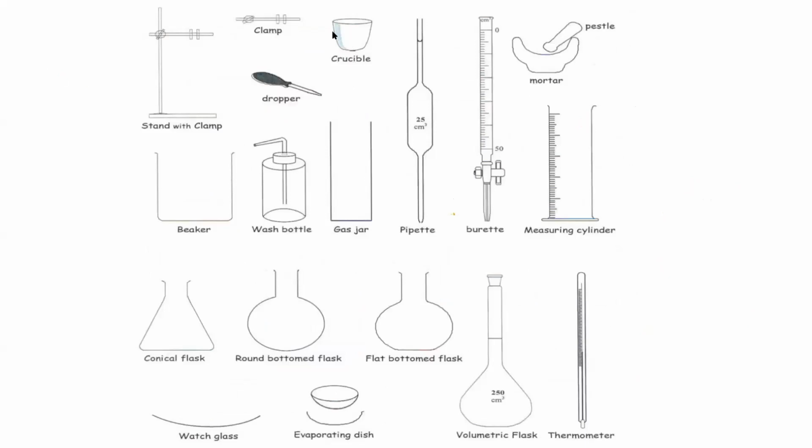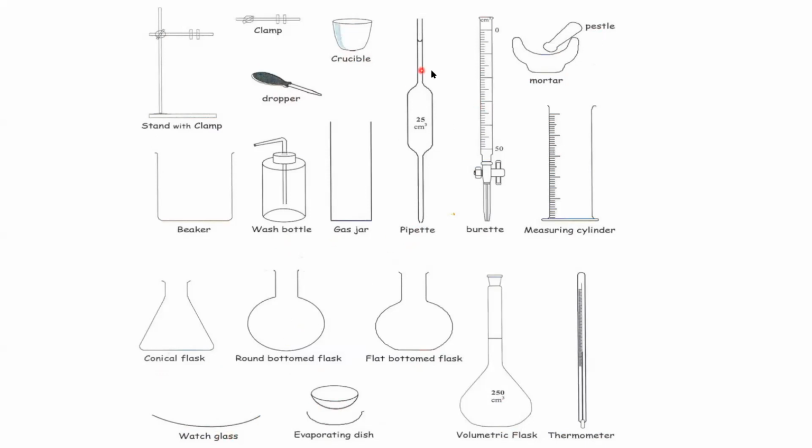So again, different types of apparatus. So stand with a clamp, dropper, crucible, a pipette, a burette, measuring cylinder, mortar, pestle, gas jar, wash bottle, conical flask, round bottom flask, flat bottom flask, volumetric flask, thermometer, evaporating dish, as well as watch glass.